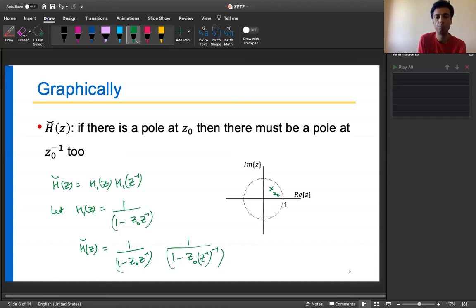This term will become 0 at z equal to 1 upon z0. So what you find is that I get a mirror symmetry, which means if I have a pole at z0, I must have a pole at 1 upon z0 as well, right? This is graphically the meaning.